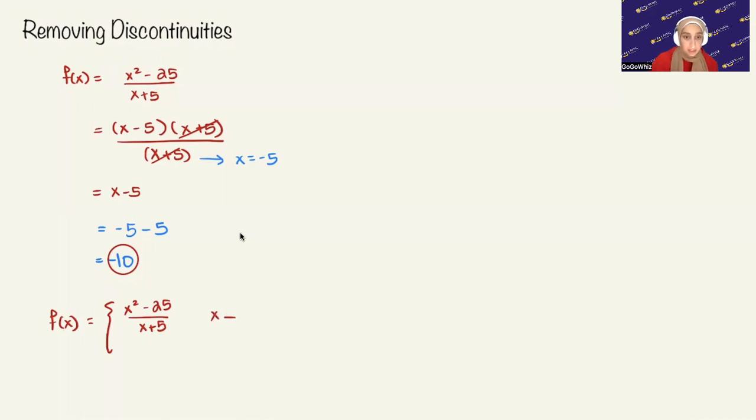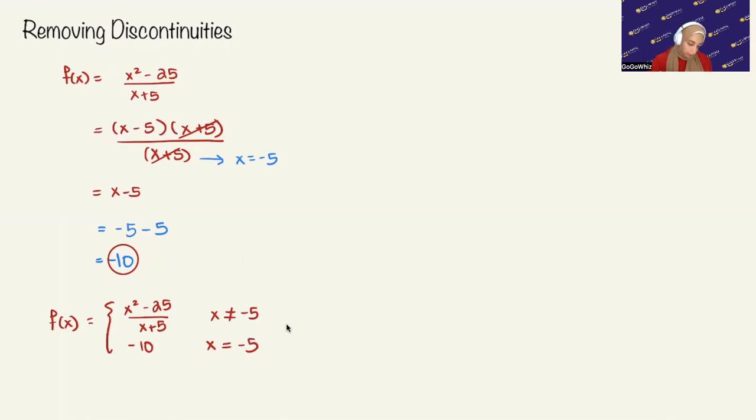And then we have the function equal to negative 10, and I forgot to say, the first part is when x is not equal to negative 5, and this is only when x is equal to negative 5. So our function can be broken down into two intervals. Now the intervals are really just saying for everything and then for one point, right? Because this is a point discontinuity.